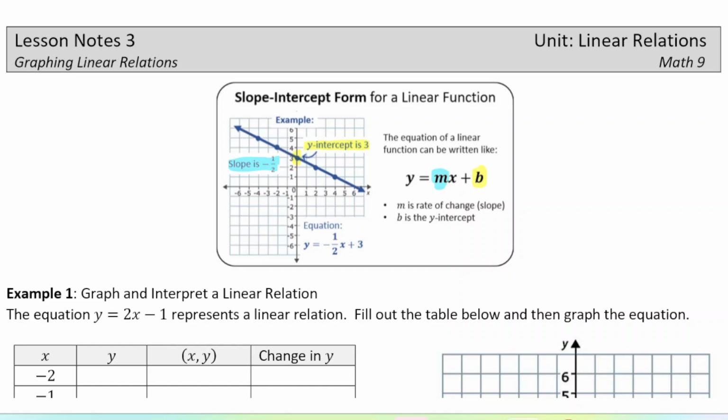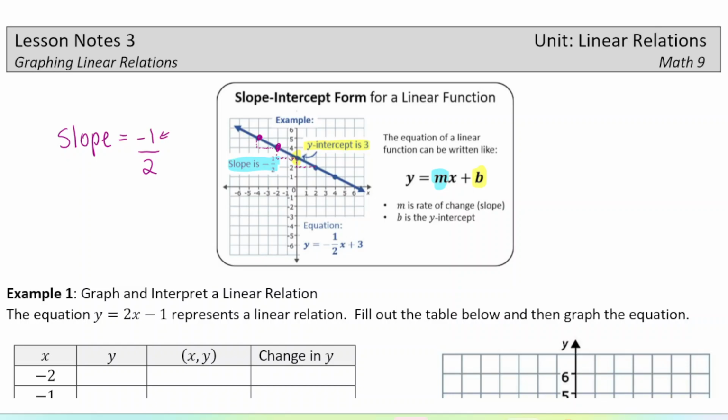So the slope: if I look as I go from point to point here, as I go from this point to this point, see how I travel 1 increment down and then 2 to the right, and then 1 down and 2 to the right, 1 down and 2 to the right.